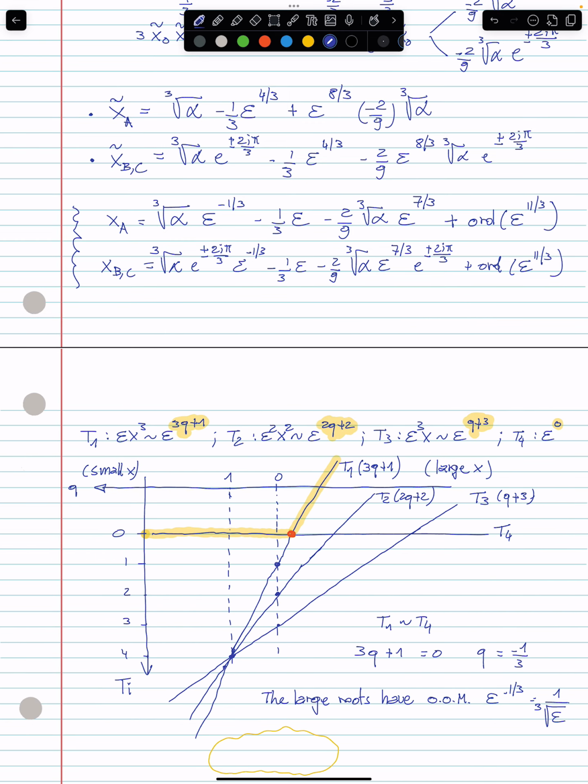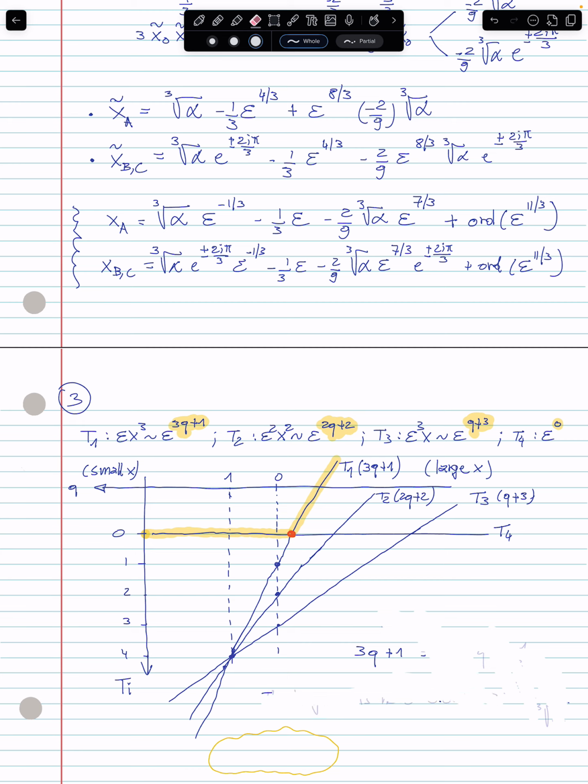That's question 3. So we said before that we have different orders of magnitude for the different terms in that equation. And what we used is order 1 for the last term, T4, because this is alpha, and we said it is of order 1, or epsilon to the power 0.